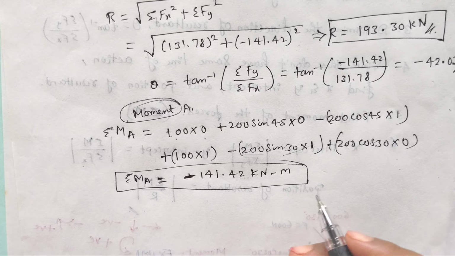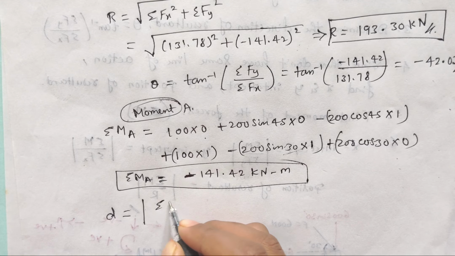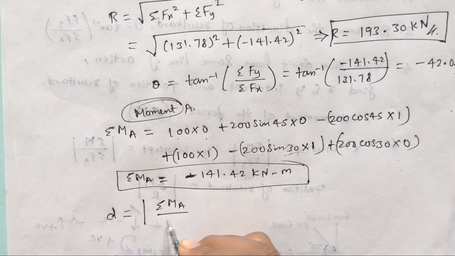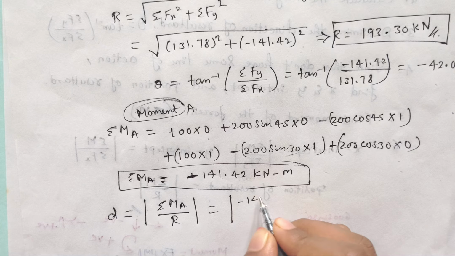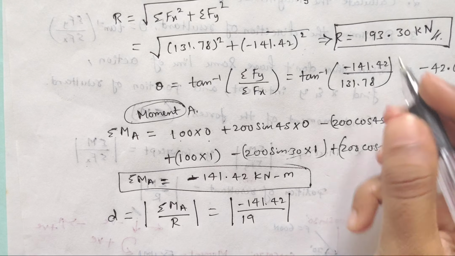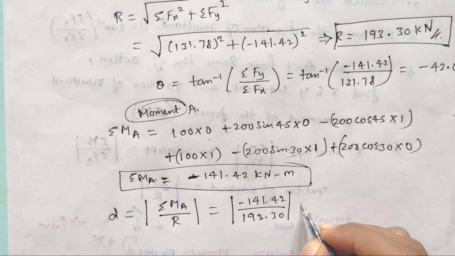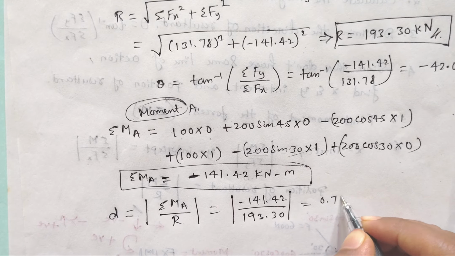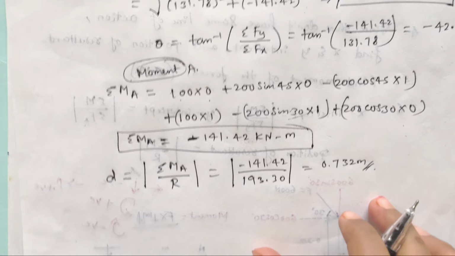Next, our step is to find the position of the resultant. What is the formula? Summation of moment by R, correct? So substitute minus 141.42 divided by the R value, which is 193.30. We will get it as 0.732 meter. So the D value is this.